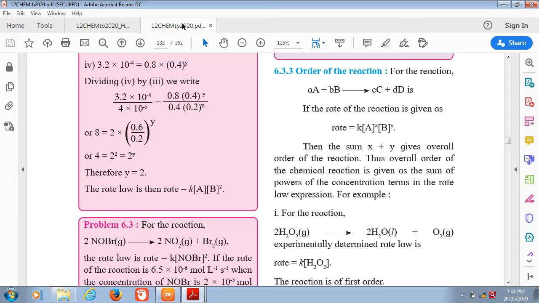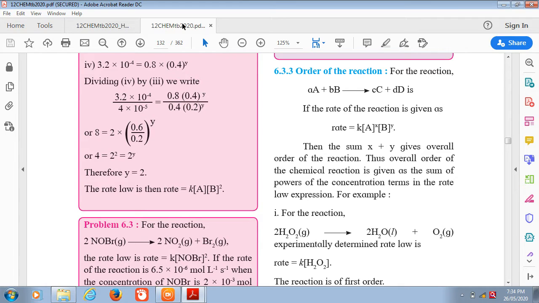Let us consider the reaction: a moles of A react with b moles of B to give c moles of C and d moles of D as products. If you apply the rate law to this equation, the rate of the reaction can be written as rate = k[A]^x[B]^y.